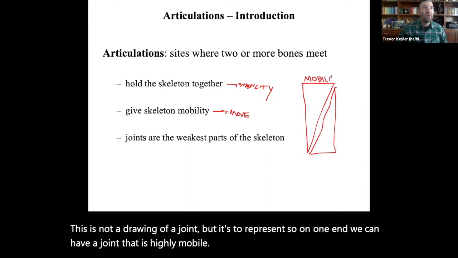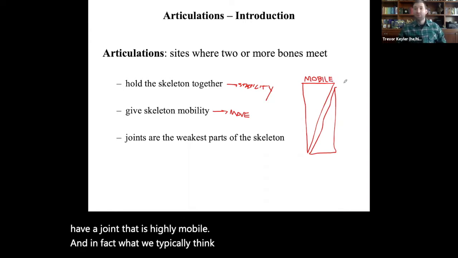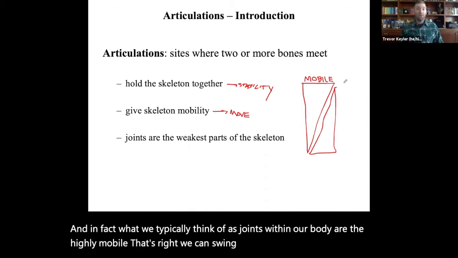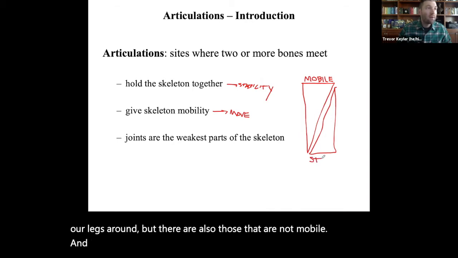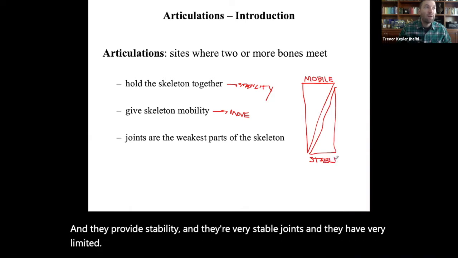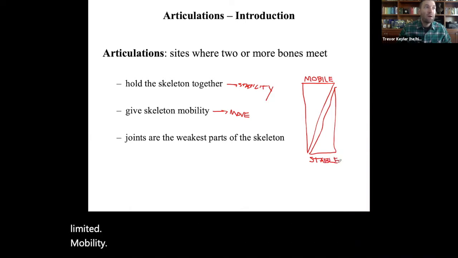And in fact, what we typically think of as joints within our body are the highly mobile ones, right? We can swing our arms around. We can swing our legs around, okay? But there are also those that are not mobile, and they provide stability, and they're very stable joints, and they have very limited mobility. And then there's everything in between.